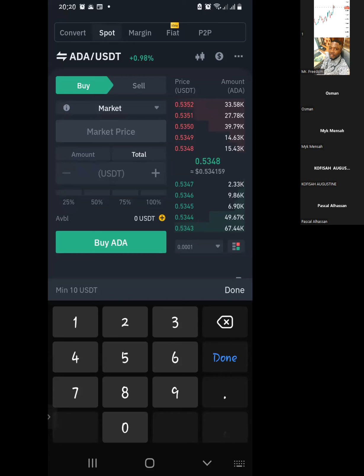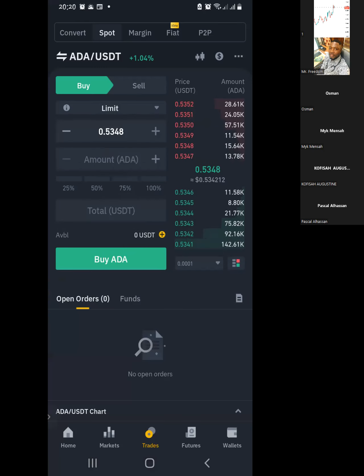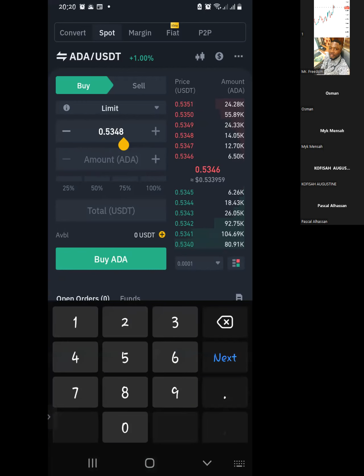But assuming you want to set up a trade and control your entry point, instead of using market, you use limit. Limit allows you to set a price at which you want your trade to execute. The current price is 0.5346.